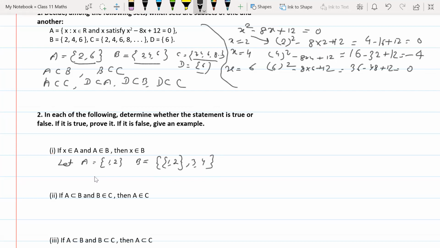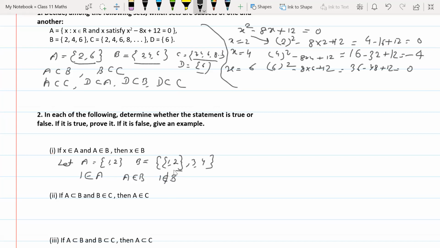Now, 1 belongs to A, and A belongs to B, because the element {1, 2} is in B, but 1 doesn't belong to B. Why?